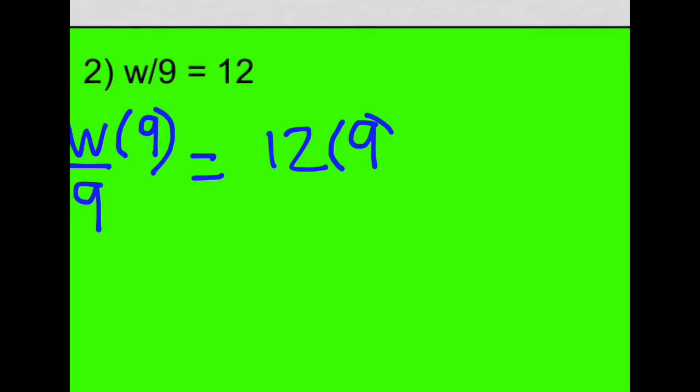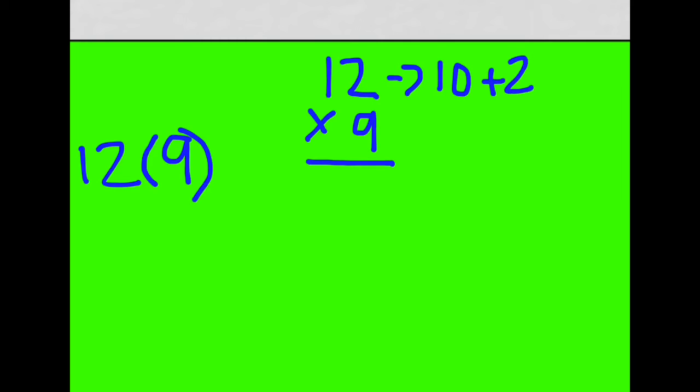Multiply by 9. Hey, maybe you don't know that with mental math, so I'm going to move over to some scrap paper here. 12 times 9. A couple of ways we could do that, right? We could think of 12 as 10 plus 2, and we could do 9 times 10 and 9 times 2.